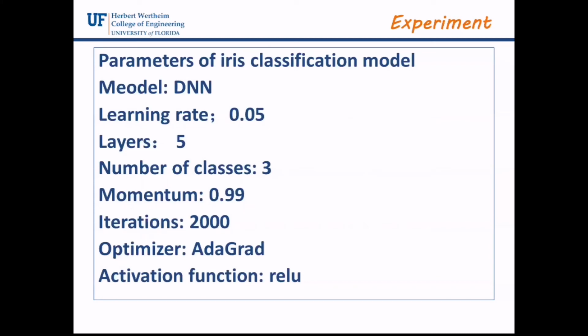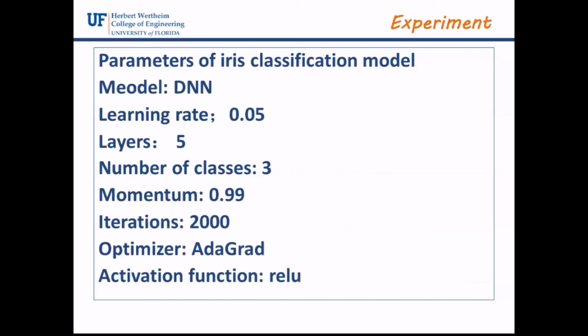Of course, I downloaded the dataset from the UCI, the University of California, Irvine, and it has 3 classes of files. And I tried to avoid overfitting.